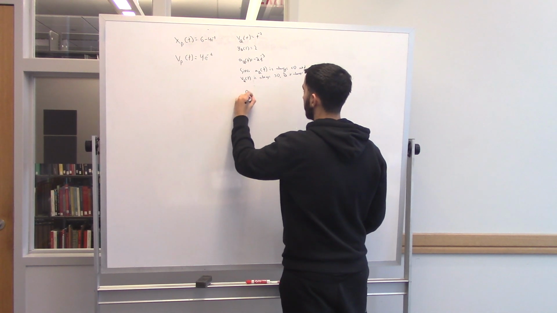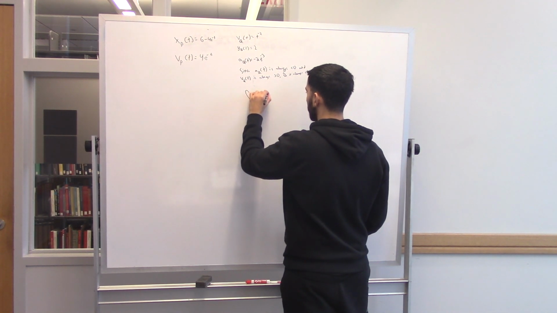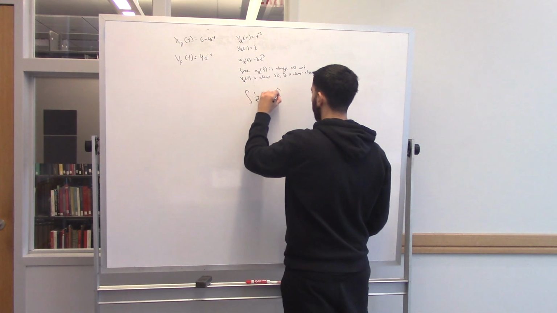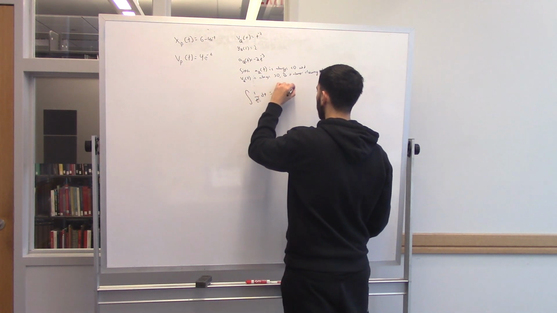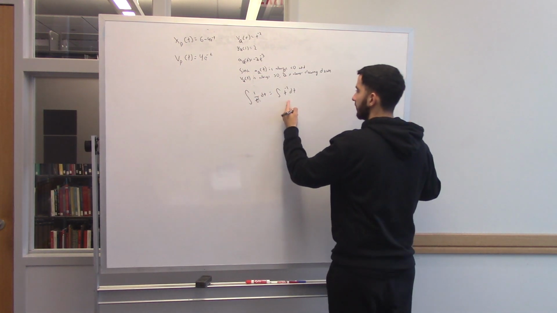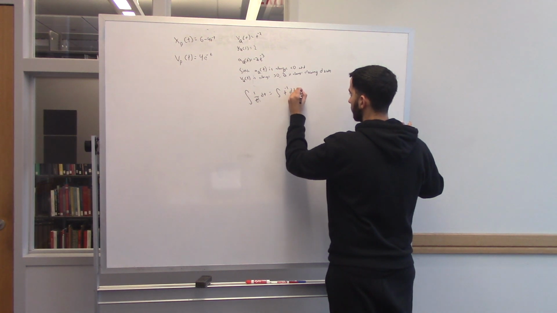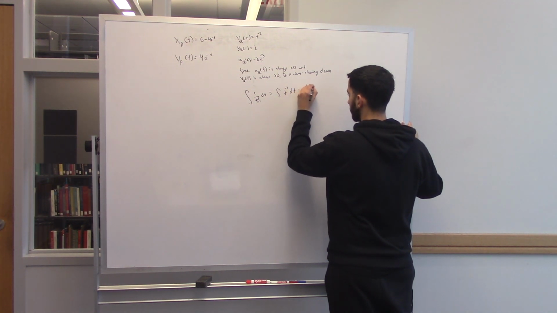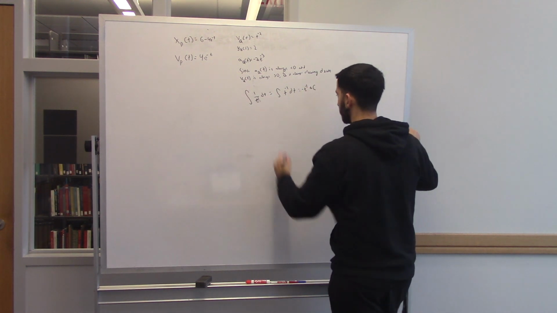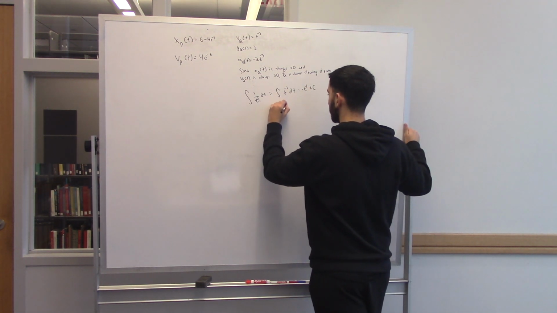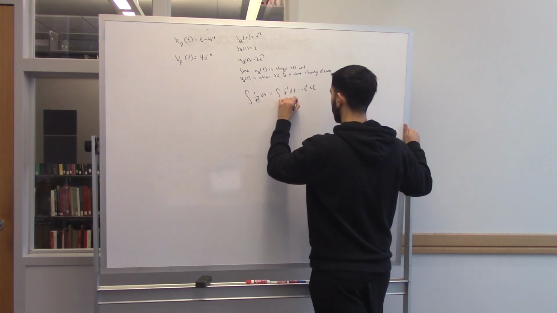Because when you integrate 1 over t squared, we're going to just treat this as t to the negative 2, right? And we're just going to power rule this to get negative t to the negative 1 plus c, right? So the position of particle Q as a function of t is just that.